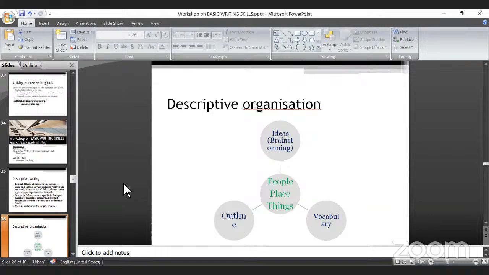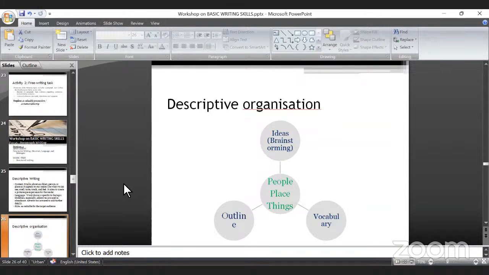We're going to look at ideas, and brainstorming is done mostly based on what you can write about these, right? What do you understand about people, place, things? We look in detail at how you ideate, in fact, how you write down ideas. What are the things that you should be thinking about or writing about when you describe people, place, things? But to begin with, the basic three things that you have are the ideas.